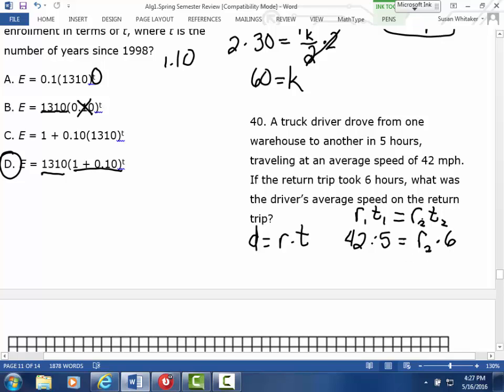Okay, so 42 times 5 is 210. So 6R equals 210, so we would divide by the 6. And let's see, that goes in 3 times with 3 left over, so 35. So his rate would be 35 miles per hour.